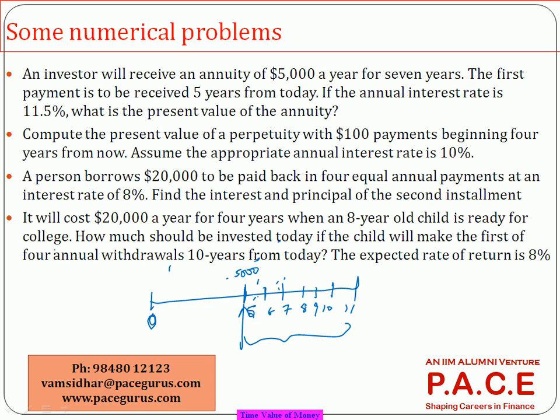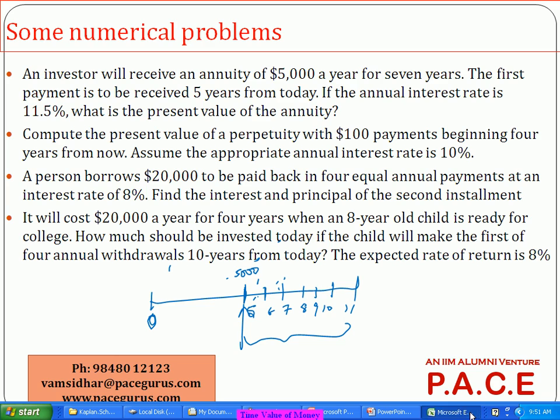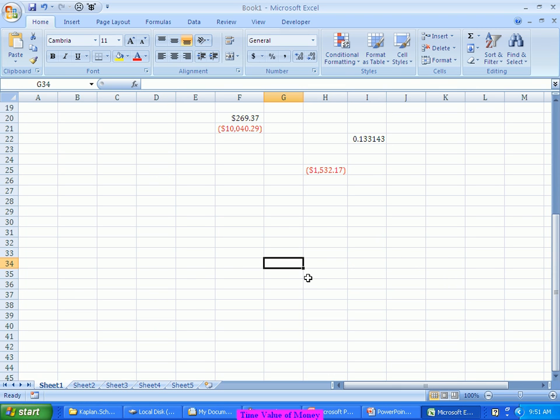Okay, I'll go with your case first. At the end of 5 years, I'm shifting. It is an annuity due. So I have to shift my calculator into the begin mode and then do the solving. I'll put it in a spreadsheet to show the difference between the two. So I'm finding out the PV.